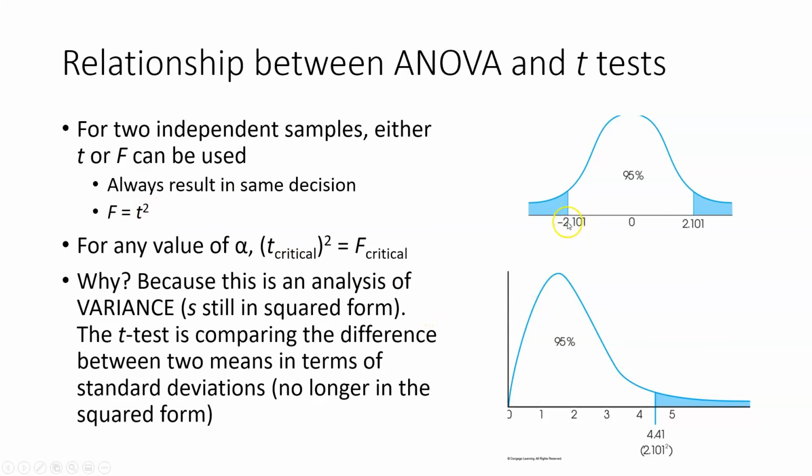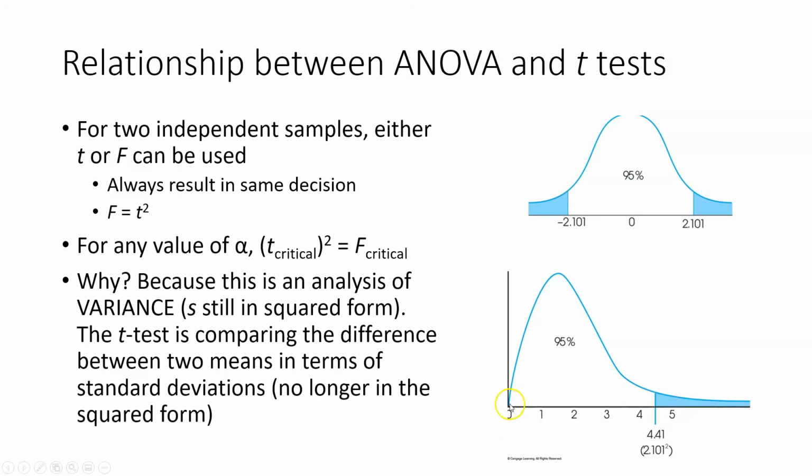If you look in this example, we might use a two-tailed t that results in critical values of plus or minus 2.101. If you square that value, 2.101 squared is equal to the critical F statistic of 4.41, and that will be in this one tail because an F value always has only one tail.